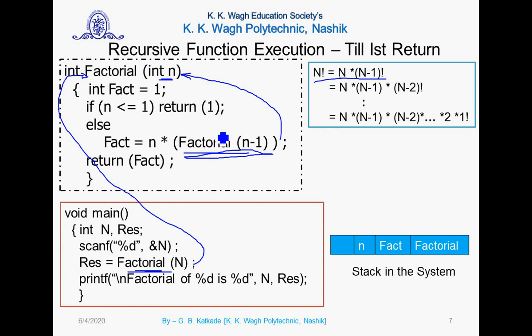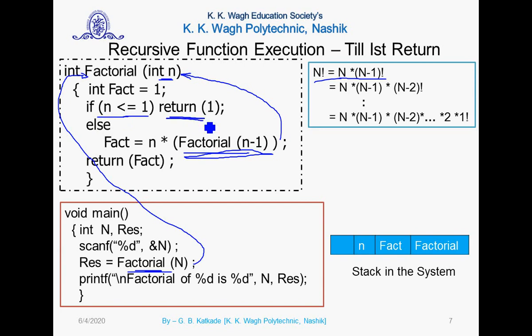Next time n will be 4. Again the condition is false, we go to the else part, and as this is again a call, the new parameter will be 3, next time 2, next time 1. When n is equal to 1, this condition will become true. Then the return statement is executed.